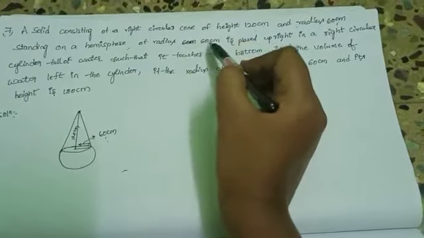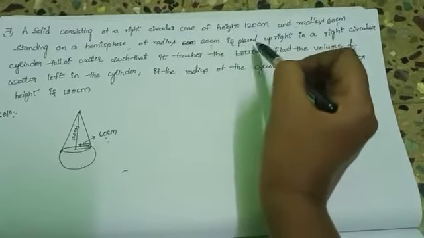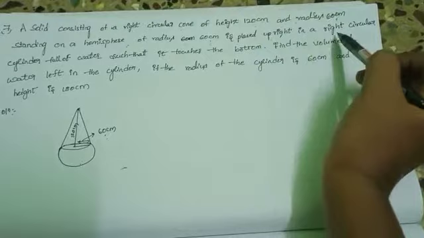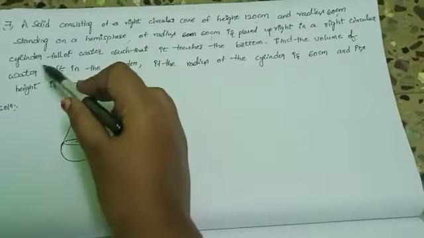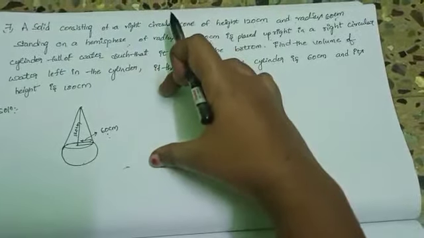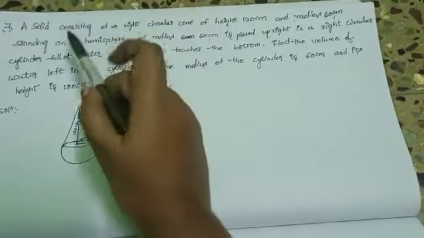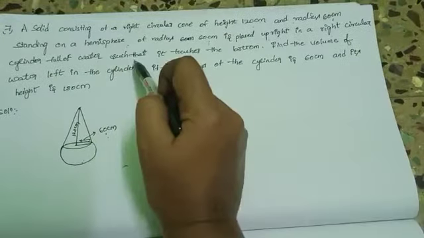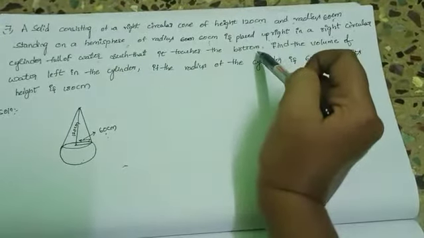Radius of the hemisphere is 60 centimeters, is placed upright in a right circular cylinder. This solid placed in cylinder full of water such that it touches the bottom.